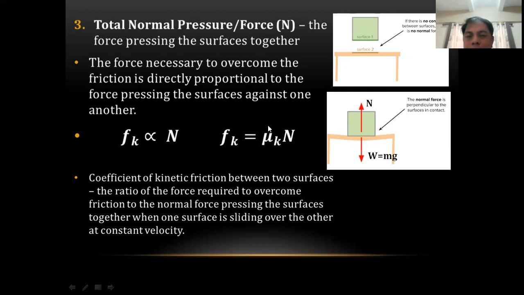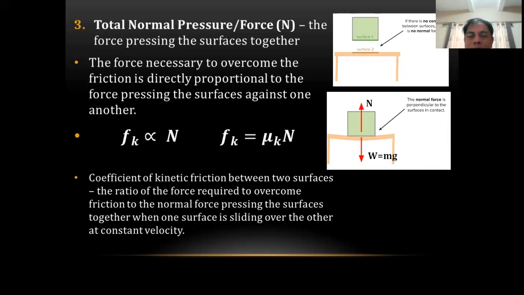And the value of mu is usually between 0 and 1. The value cannot exceed 1. So the value is commonly a decimal number, like 0.1, 0.2, 0.9.